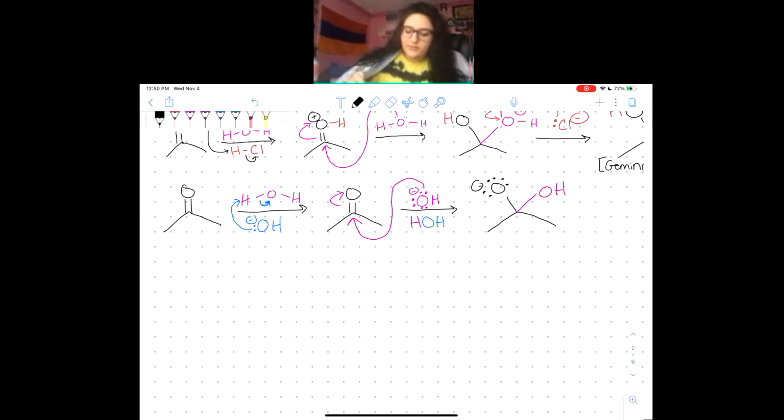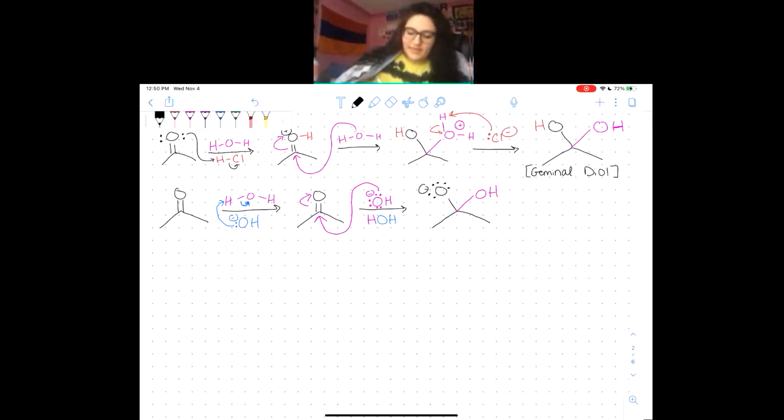And now we have to protonate in the last step, and we have this handy-dandy H2O. So the oxygen with a negative charge will steal a hydrogen, give those electrons back to the OH.